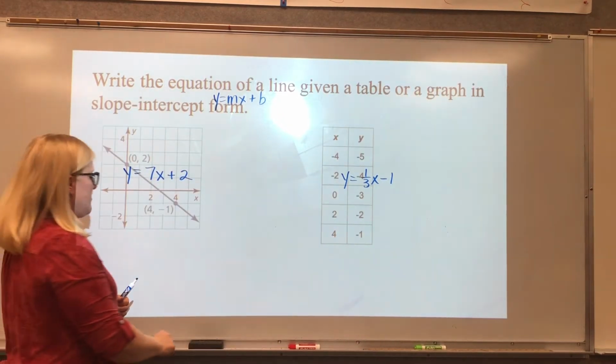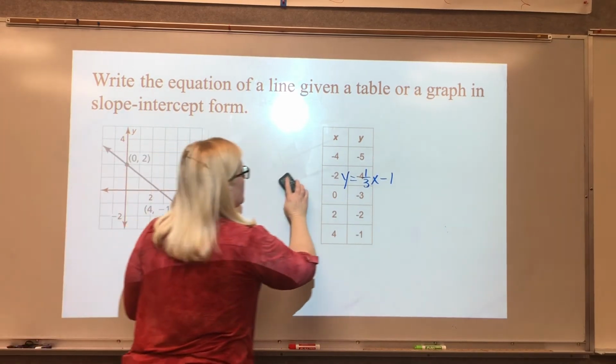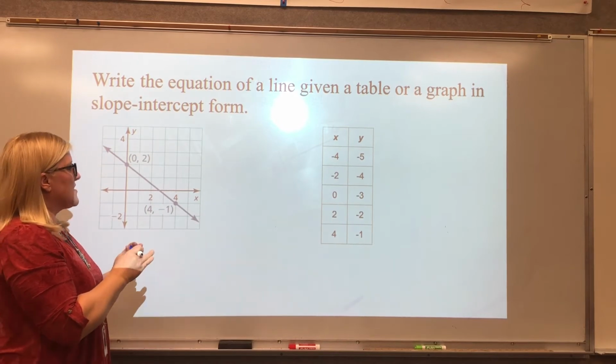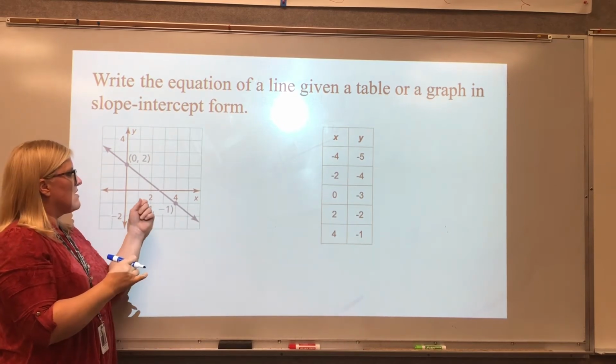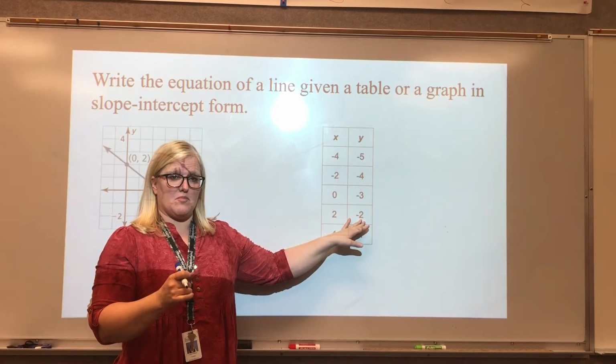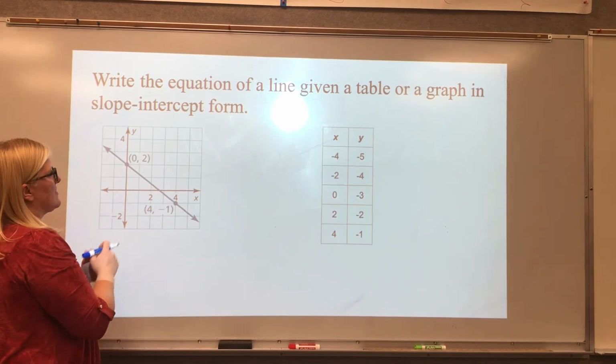All right, the next couple of things they want us to know how to do is to be able to write a line given a graph and to be able to write a line just given a table. So again, we look at what we've got.